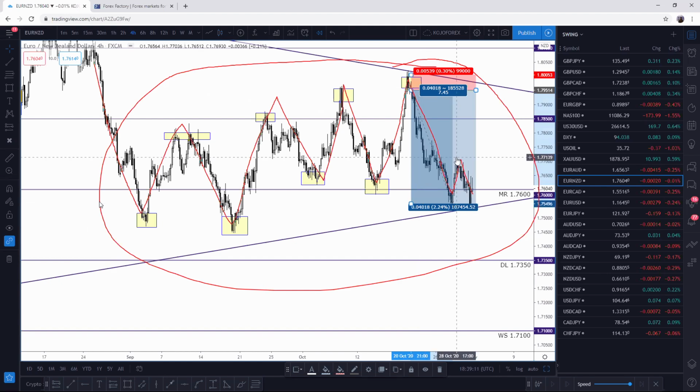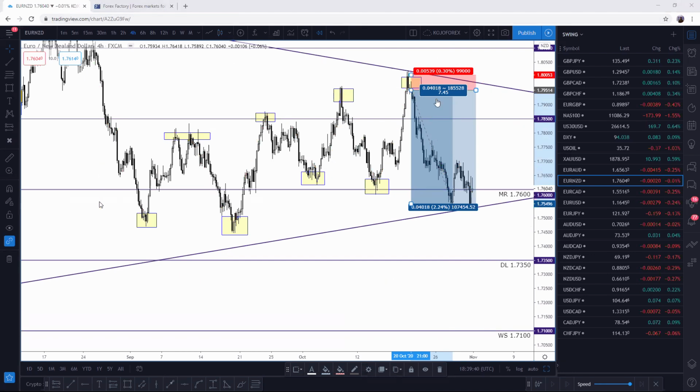Let me check from here. Yeah, let's try to load, see if I can send you guys a screenshot.